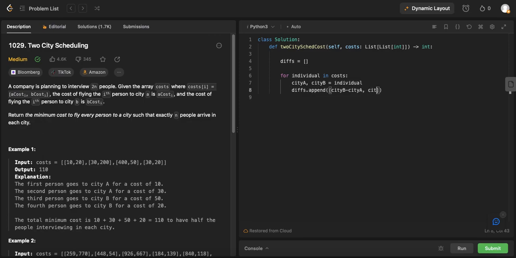Then we will have the cost of city A and the cost of city B, which we will want to preserve. After this, what we will do is sort this differences array. Therefore, after sorting the differences array, we will have the first half being individuals we want to send to city B, and the second half being individuals we want to send to city A, because they are sorted based on this difference.